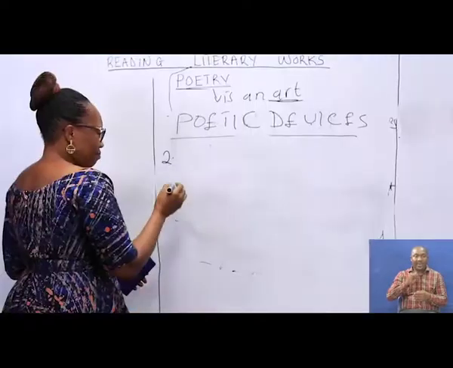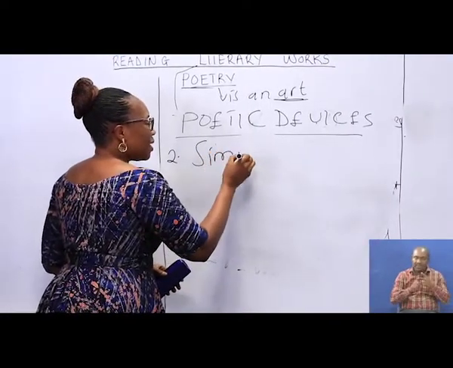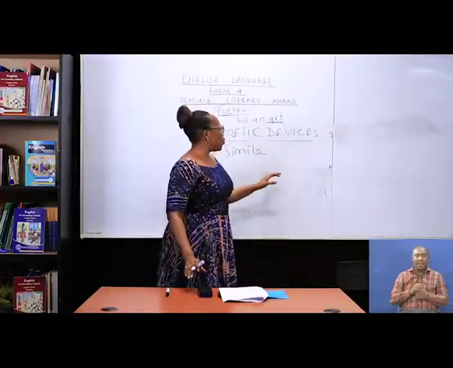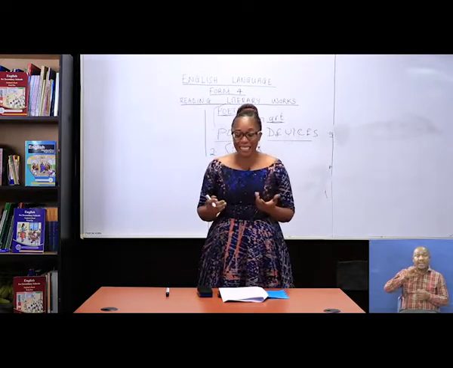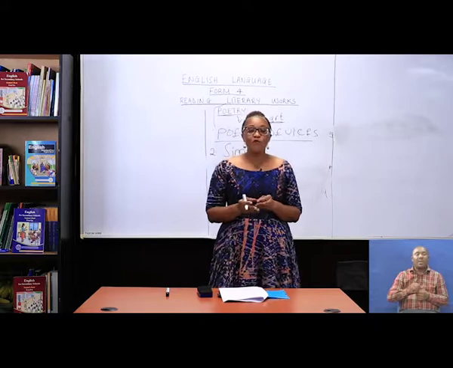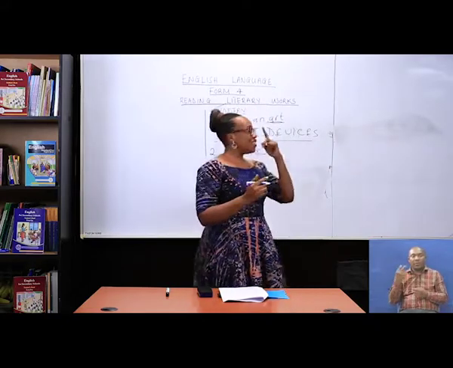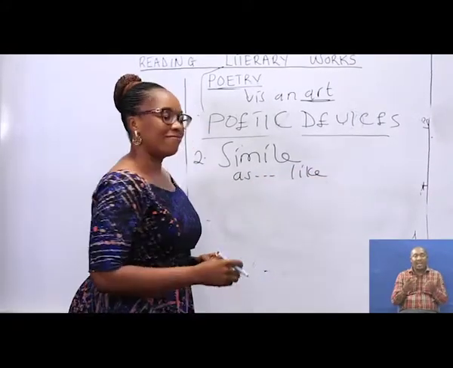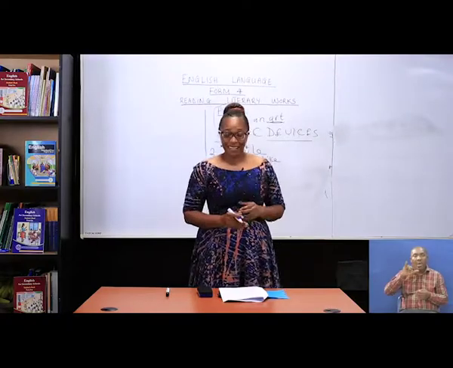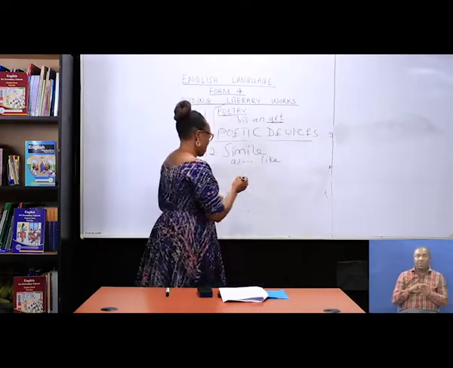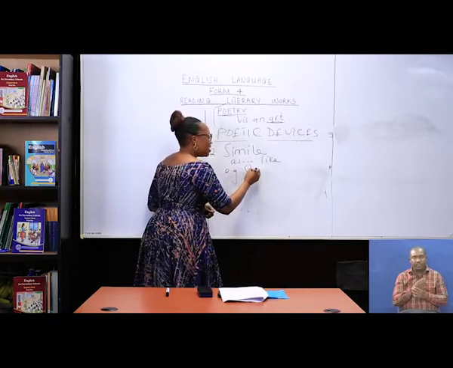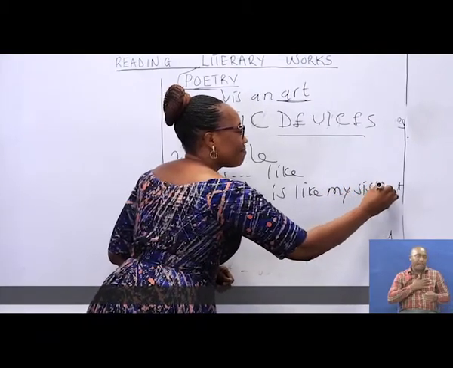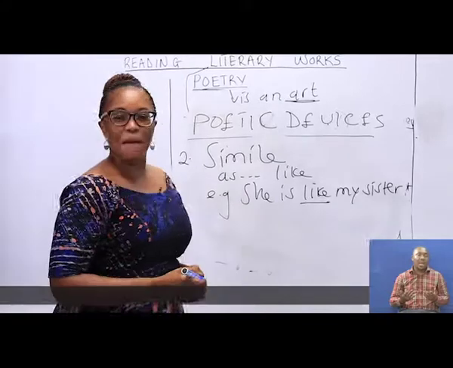The second one is a simile. What is a simile? We say that a simile is a comparison of two unlike things by the use of words like as or like. If, for instance, you say, she is like my sister.